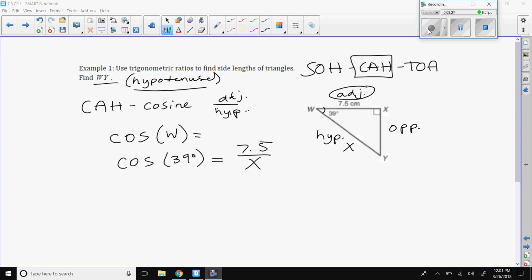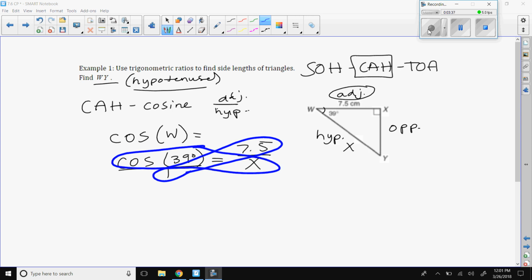This is just a proportion. This is over 1, and then I'm multiplying: 7.5 times 1, cosine of 39 degrees times x. So x times cosine of 39 degrees equals 7.5 times 1.